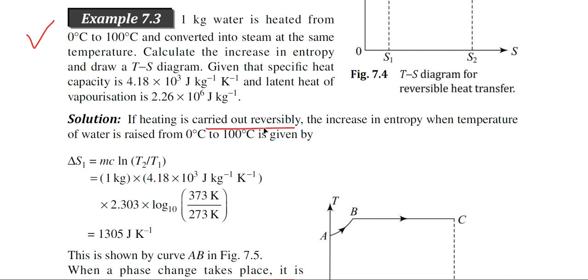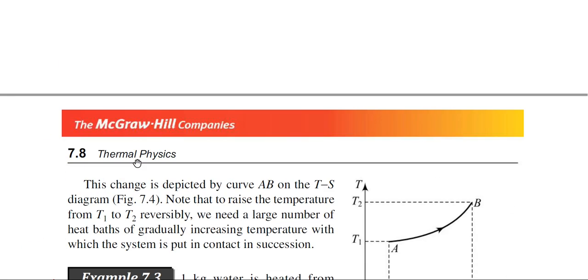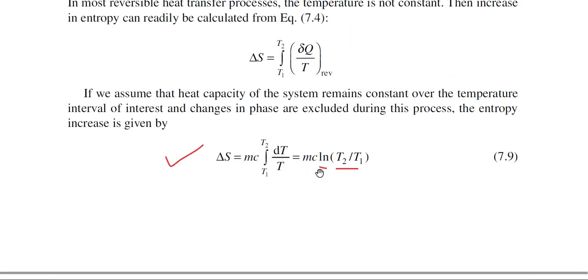So, if heating is carried out reversibly, the increase in entropy when temperature of the water is raised from 0 degree centigrade to 100 degree centigrade can be calculated by the formula mc ln T2 by T1, where T1 is the initial temperature and T2 is the final temperature.